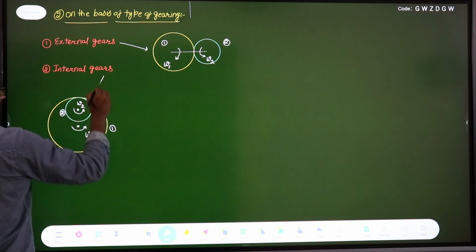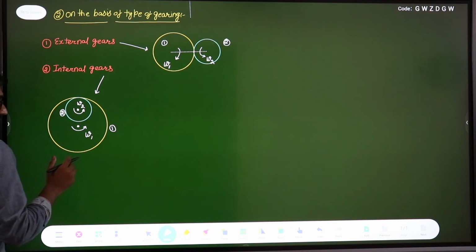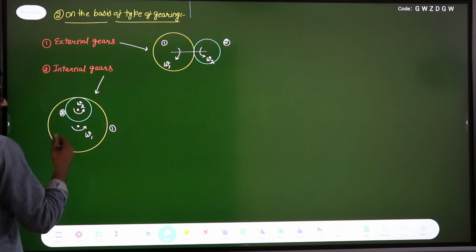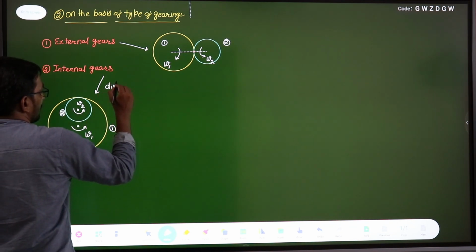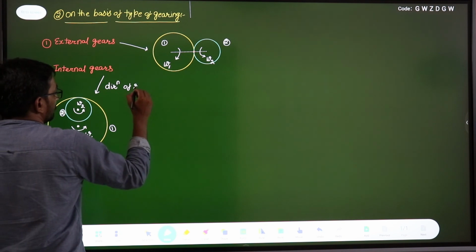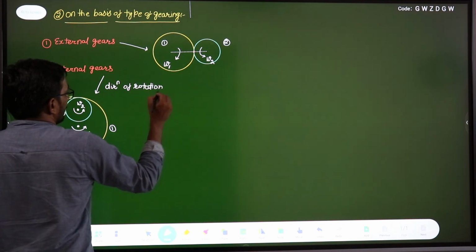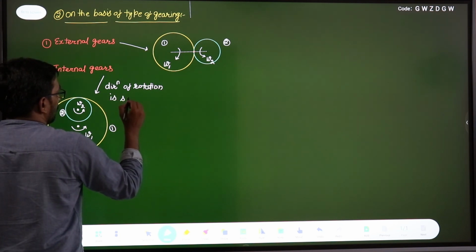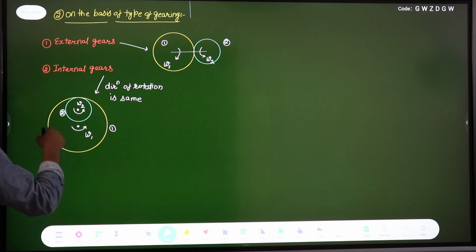So in the internal gears, the direction of rotation or the direction of angular velocity is the same for both of the mating gears. Those gears which are in contact, their direction of rotation is the same.